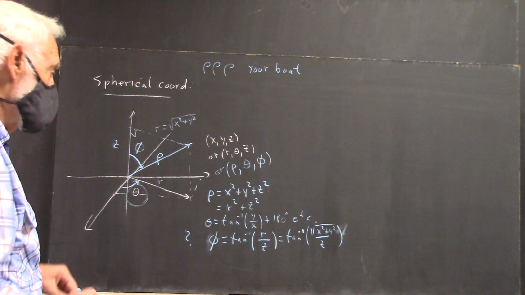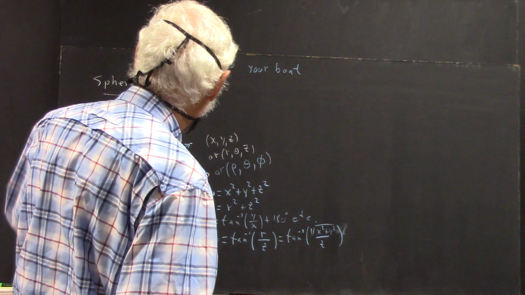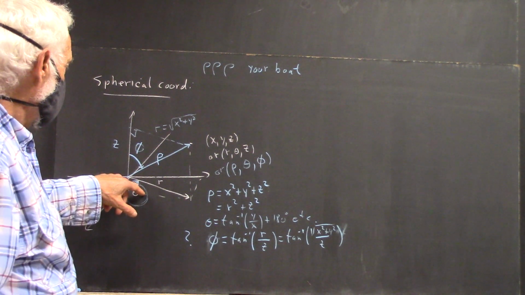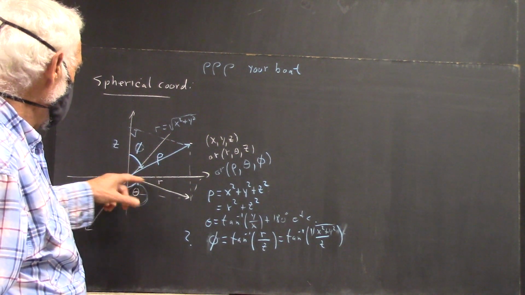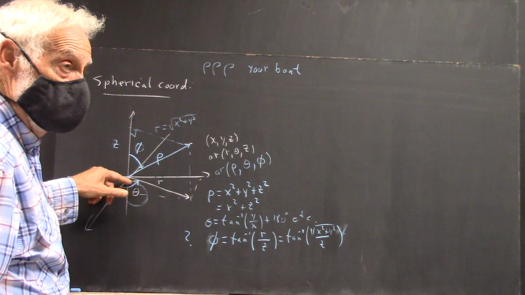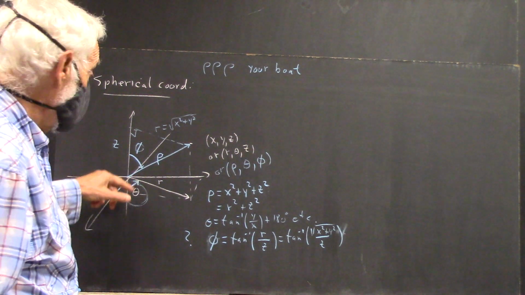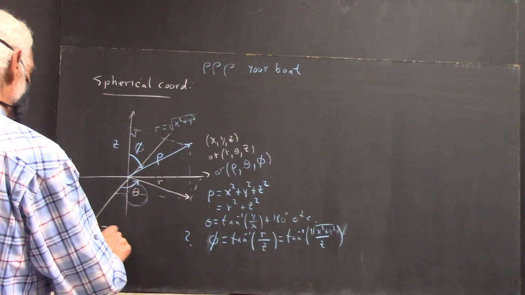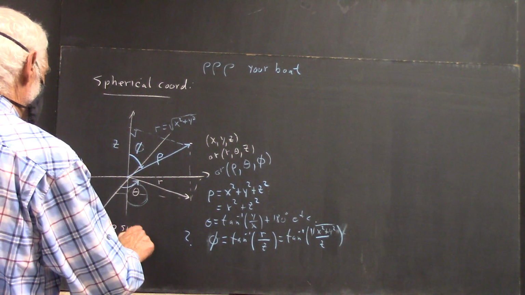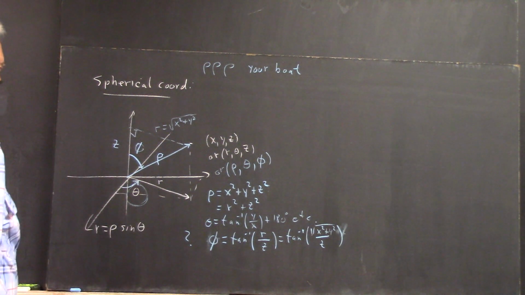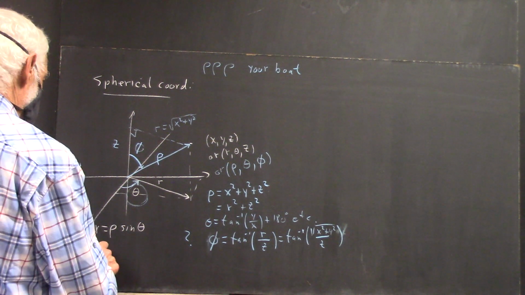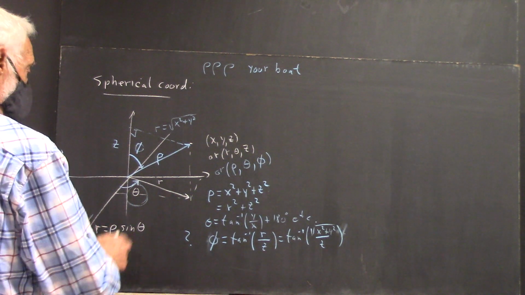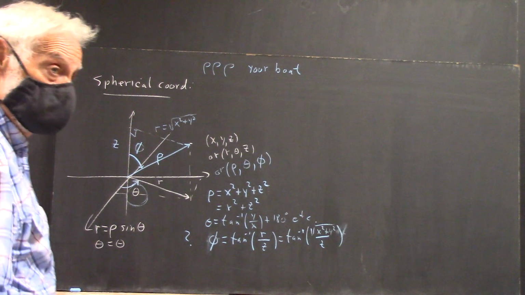And then you have conversions, okay? Like r is equal to what? It's equal to rho times the sine of phi, if you look at this triangle, okay? So r equals rho sine phi. Now in cylindrical coordinates, theta is the same between the two coordinate systems, right?